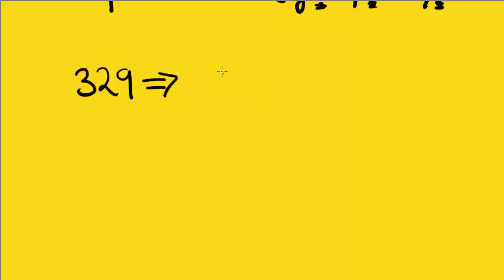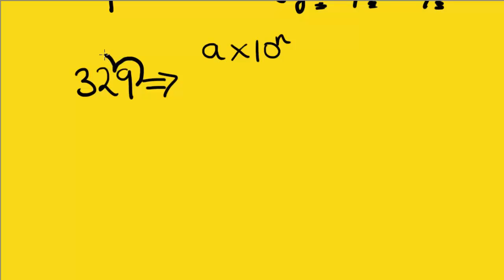I mean, you want it in this form, a times 10 to the n. So the technique will be just to go to the last digit, the digit to the right of the number, and draw arrows moving back and count the number of times you move.